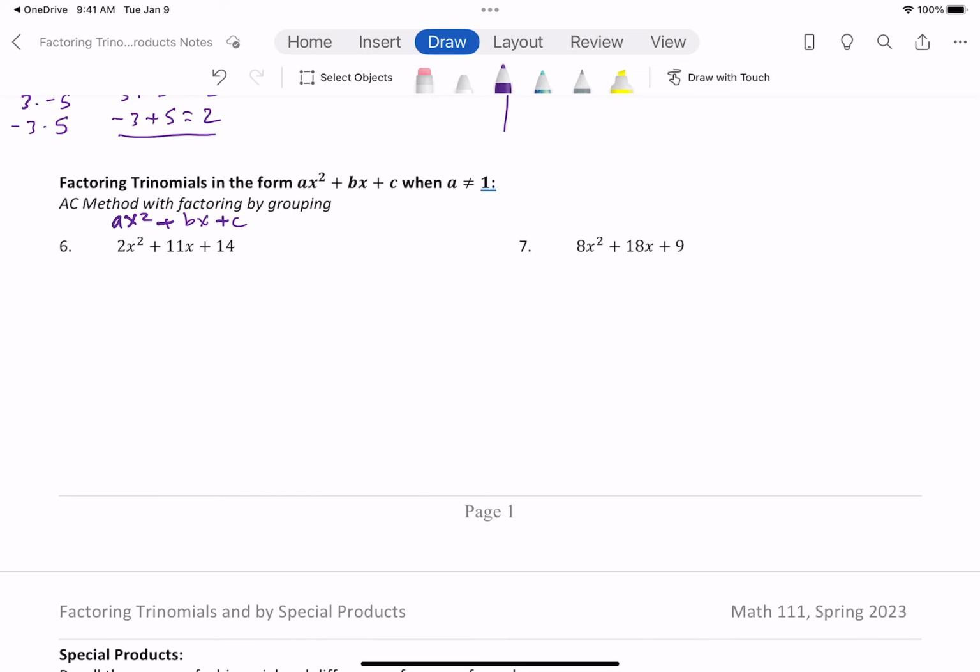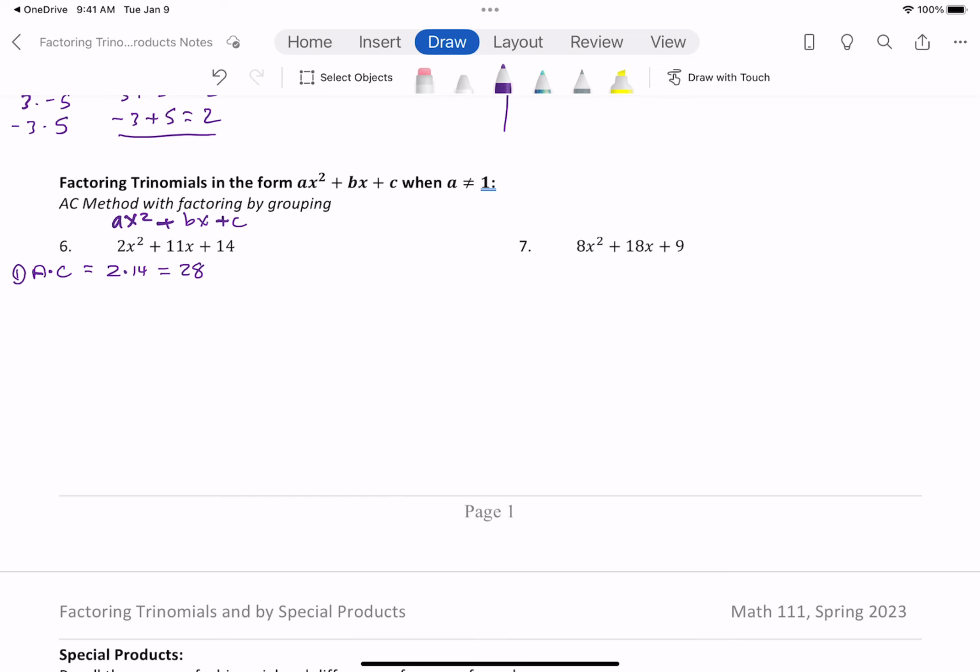So the AC method is called that because the first thing we're going to do is find AC, or a times c. And you see in this case a is 2, c is 14, so a times c is 28.